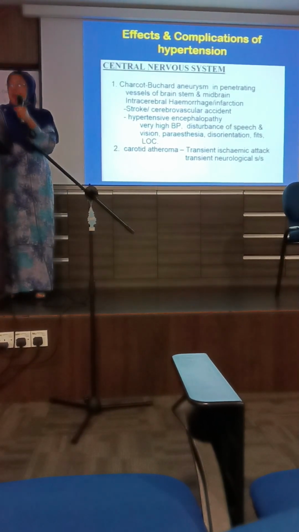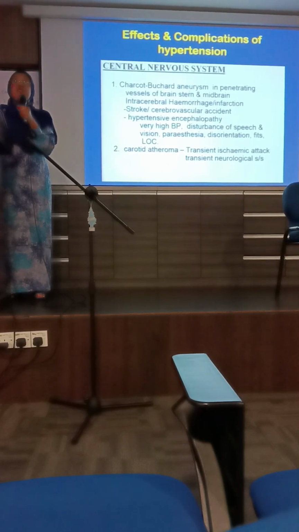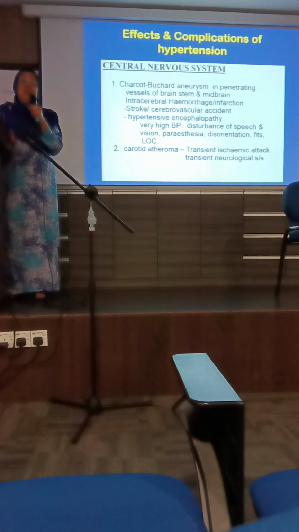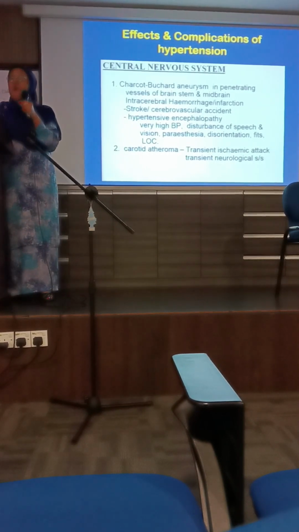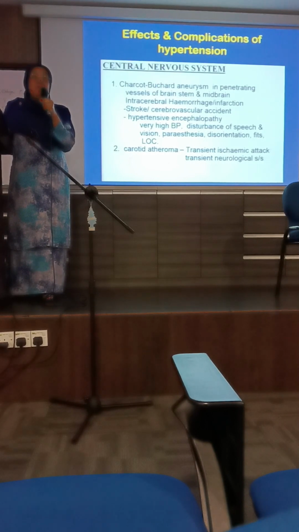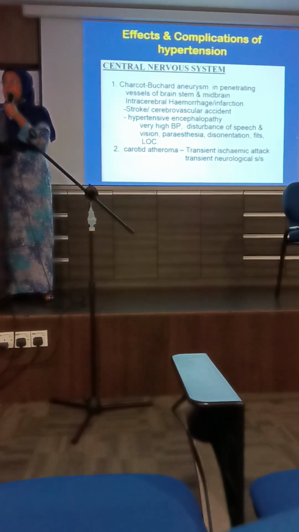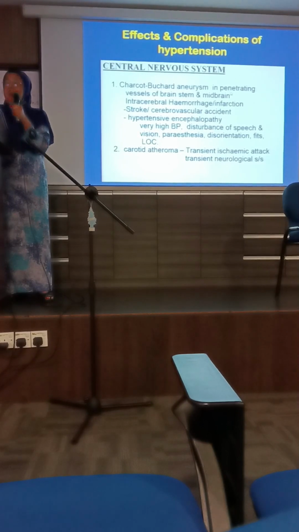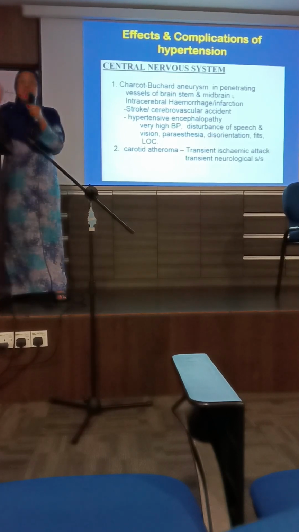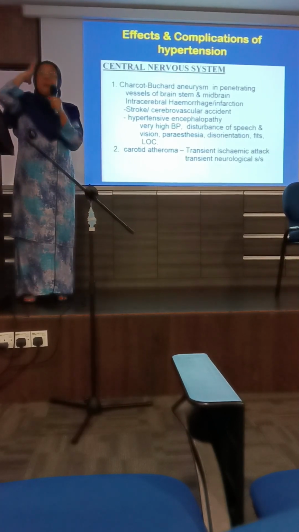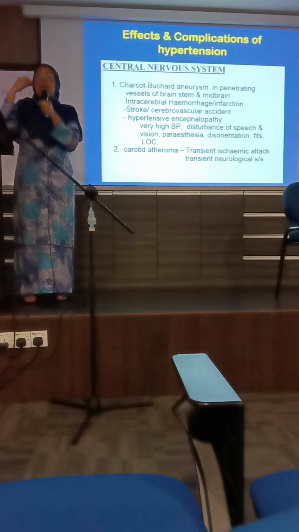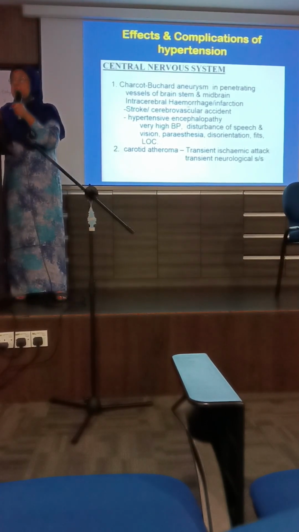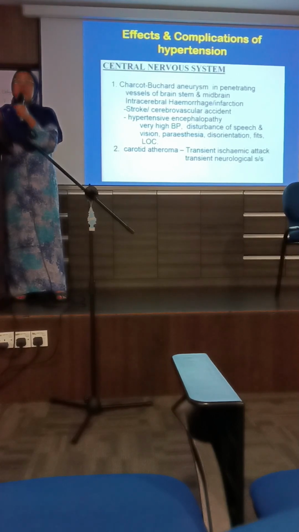I told you in the brain, the small blood vessels, or the penetrating vessels of the brainstem, develop small aneurysms, and they have given it a name, Charcot-Bouchard microaneurysm, in the small blood vessels or the penetrating vessels of the brainstem and midbrain. The small blood vessels that penetrate your brain substance can rupture and lead to intracerebral hemorrhage and infarction.